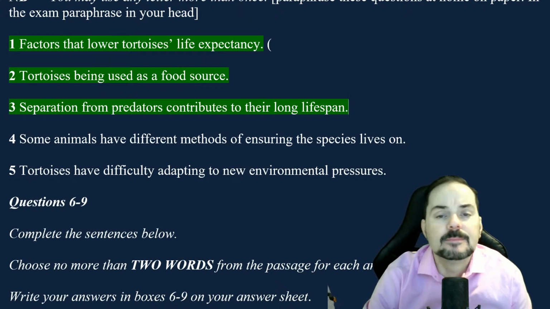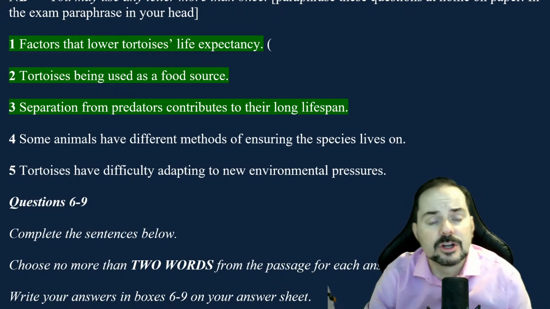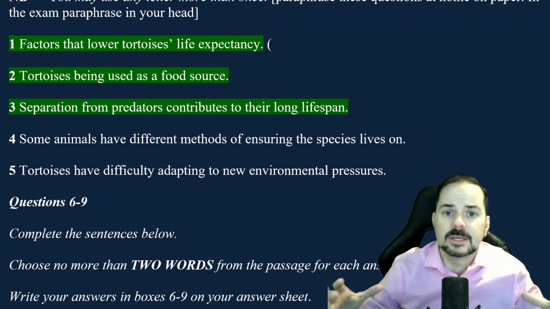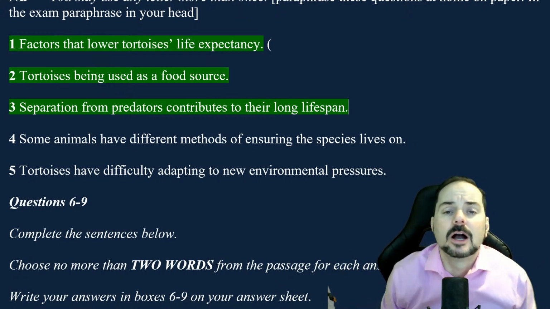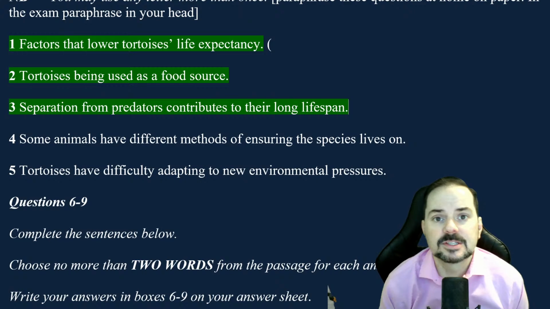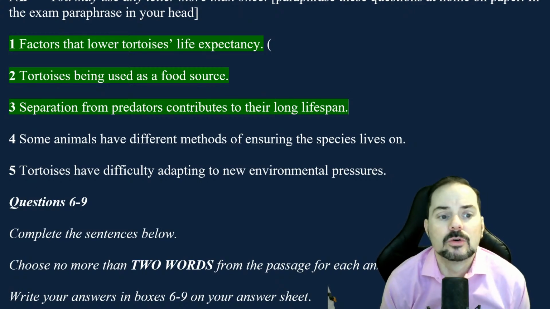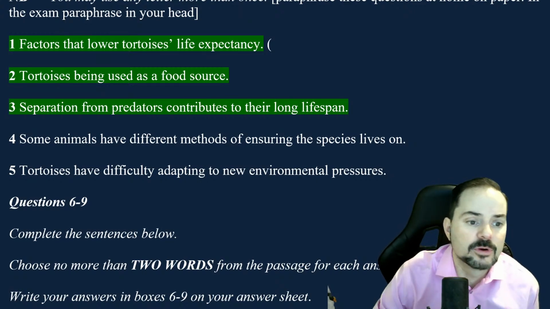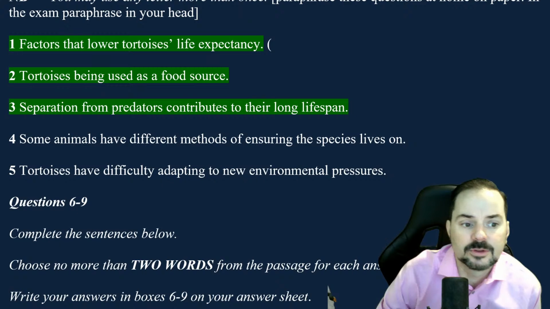All right. Paraphrasing, for those of you who are not sure what that means, para means parallel, so similar, and then phrase means wording, so it's similar wording. So let me show you with this number 4. If you're not sure, just take a look at what I do here with number 4.